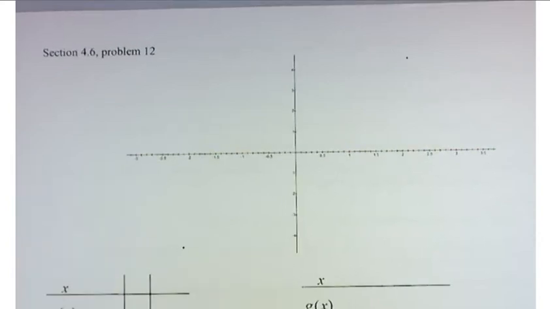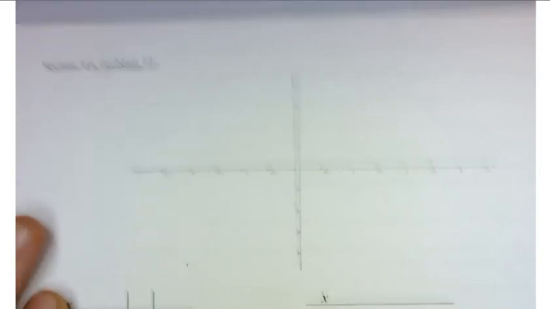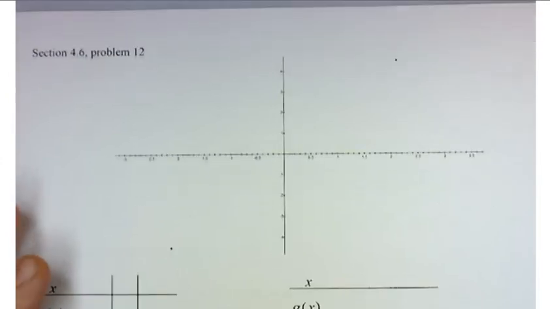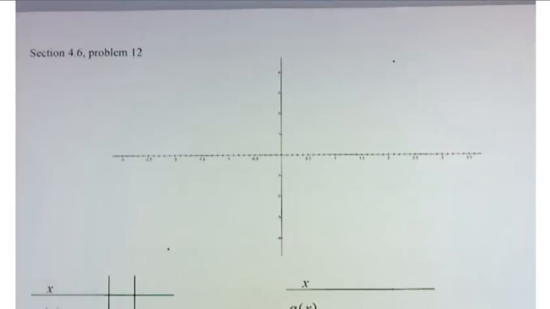Okay, let's look at problem number 12. Should we do 12 or 20?